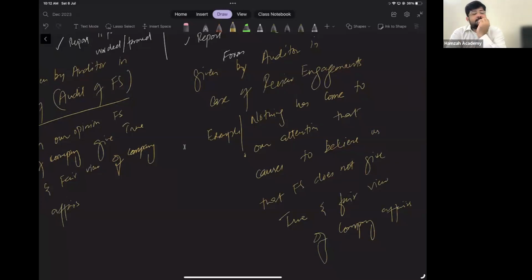The question is: why is the report positively worded in reasonable assurance, and why is confidence high? Why is it high level assurance, and why is it positively worded? And why is it negatively worded and low level assurance in the case of limited assurance? What is the root cause? Give me an answer.